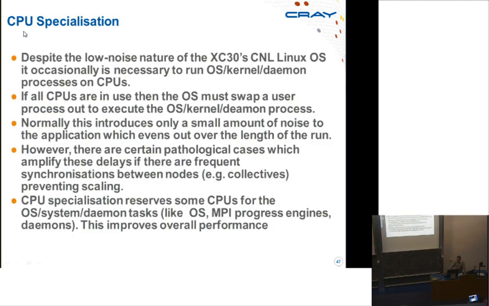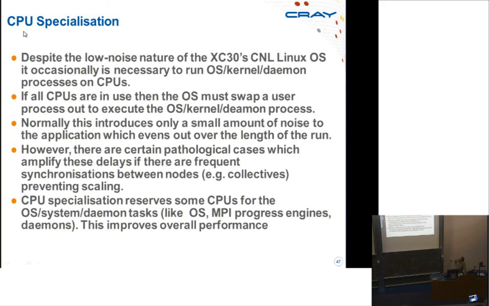Okay, right. CPU specialization. So no matter how well we optimize the OS, no matter how well we remove noise, there still is an OS running. And that effectively means that the user processes will be interrupted and moved from the CPU.